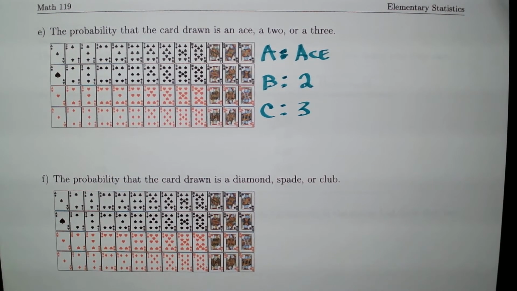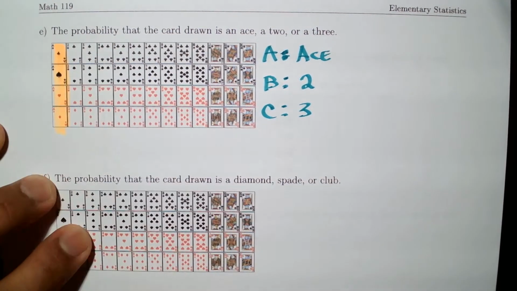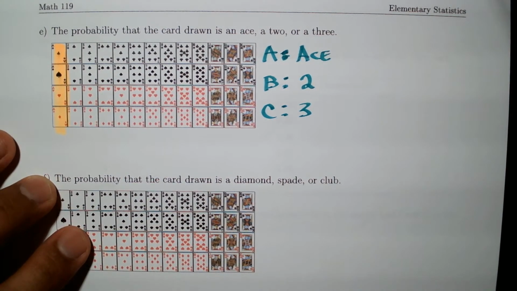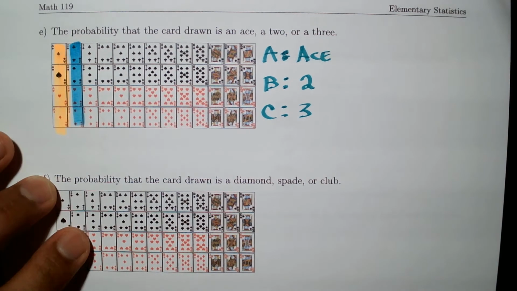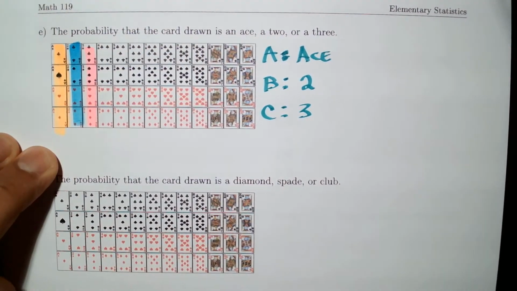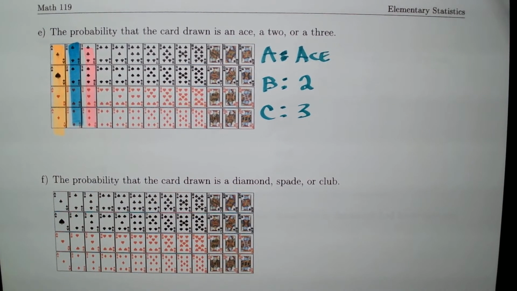So I'm going to highlight all the aces, all the 2's, and all the 3's. So in this case, if you look at these 3 events, these are disjoint events, or mutually exclusive events.